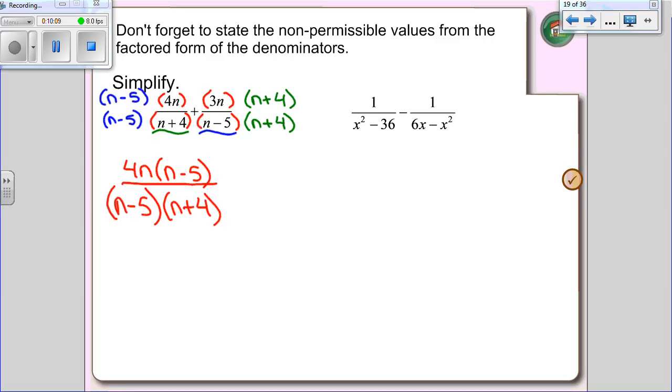I'm just going to leave it as n minus 5, n plus 4. The top I am going to multiply afterwards. The second fraction, I'm going to just write it out. So it's plus 3n times n plus 4 divided by n minus 5, n plus 4.